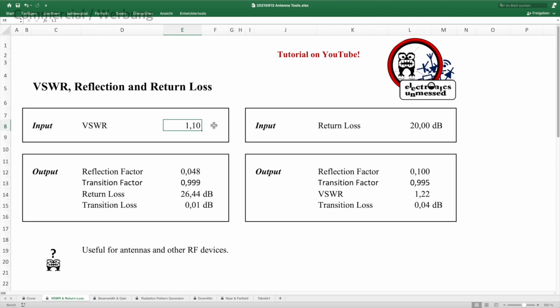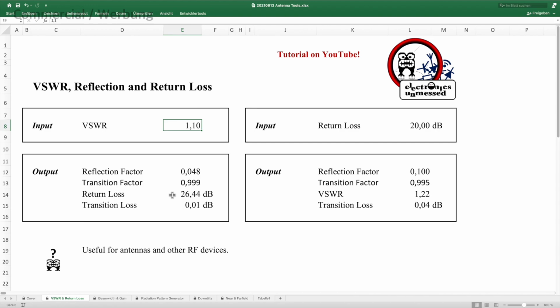We can see immediately why. The reflection factor is only 0.048, which would correspond to a small circle around the matching point in the Smith chart. Then it is no surprise that the transmission factor is very close to 1.